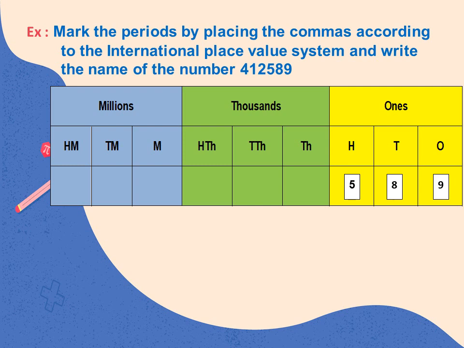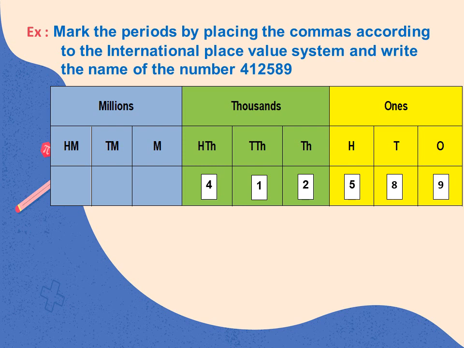Next, 2 comes in thousands place, 1 comes in 10,000s place, 4 comes in 100,000s place. So, the digits 4, 1, 2 come in thousands period.